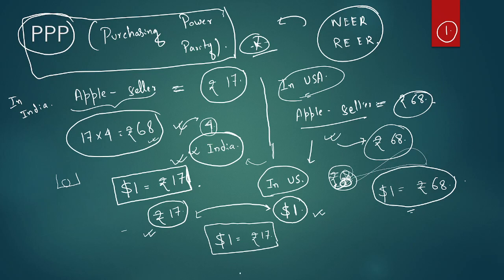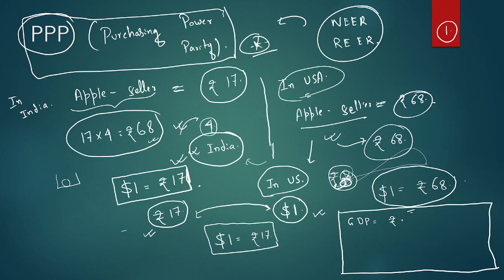Okay. Now let us take an example. Let the GDP of India be 210 rupees.